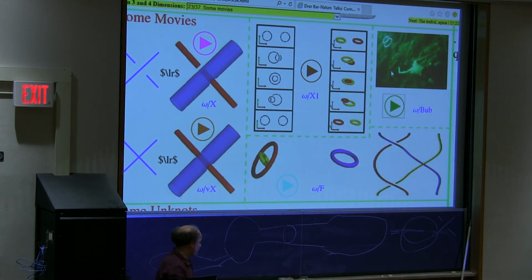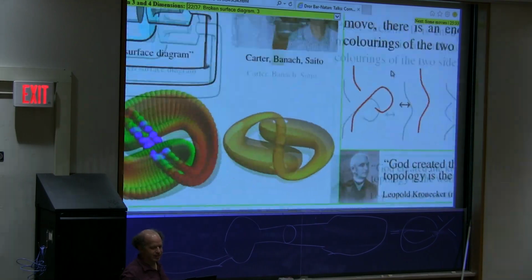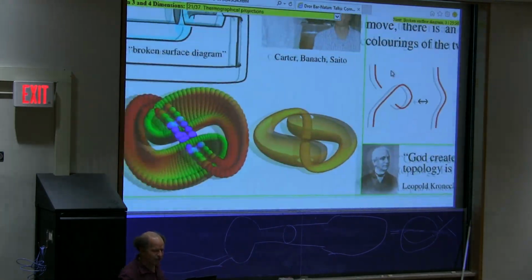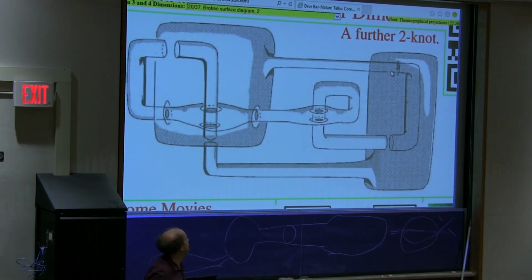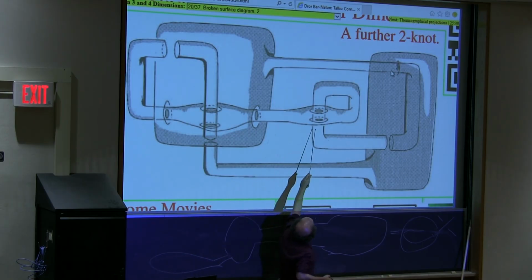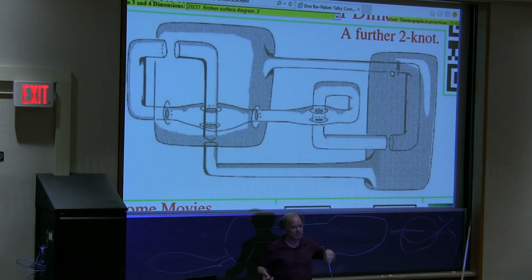Okay, but you see, in 4D, there is yet another ingredient for knotting. And in fact, it's the ingredient that we saw before over here, the uninteresting ingredient.